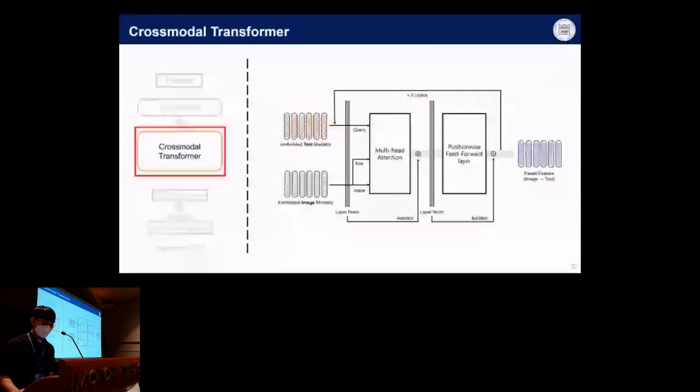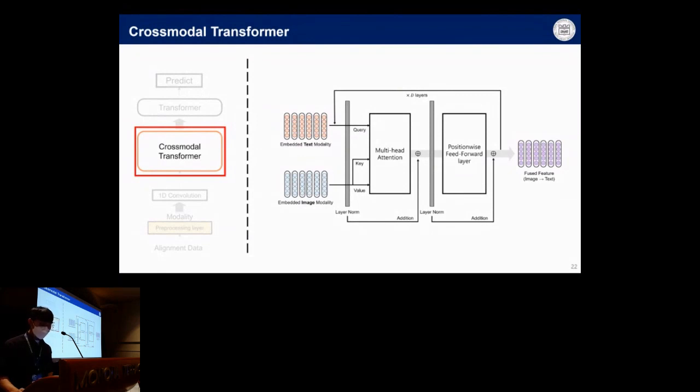And in the next step, we put these modalities into the cross-modal transformer. In this layer, the embedded text modality is considered as the source modality and the image as the target modality. The source modality is converted to the query, and the target modality is converted to key and value before being put into the multi-head attention.